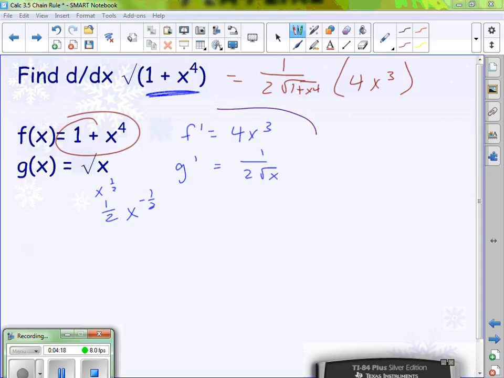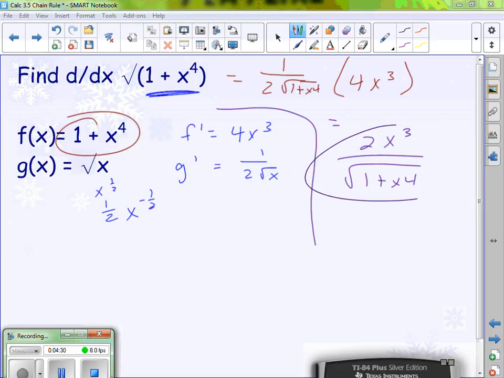I'm going to go and simplify. 4 over 2 is 2x cubed over square root 1 plus x to the 4th. And that's your answer.